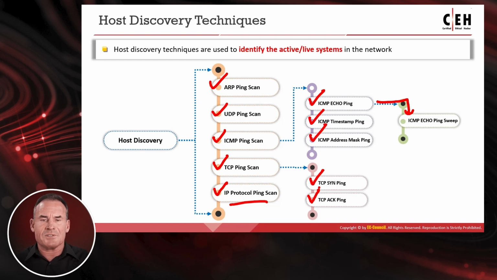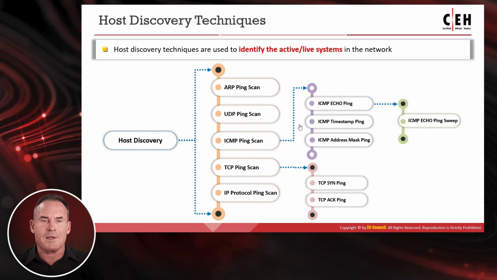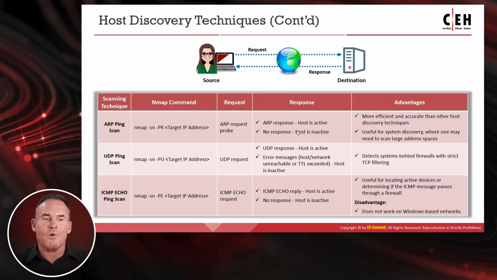But the most reliable scan type is going to be an ARP ping scan, because you typically will not disable Address Resolution Protocol. ARP, whole purpose in life is to resolve MAC addresses for IP addresses, right? So you have temporary addresses in the form of a host name, temporary addresses in the form of an IP address, and permanent addresses in the form of a MAC address that will resolve those host names to IPs, ultimately to MAC address.